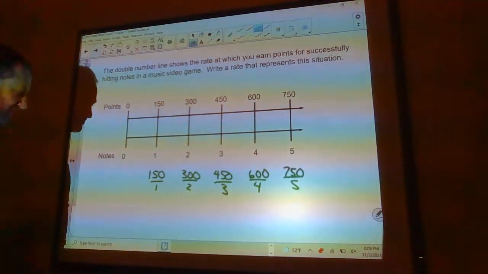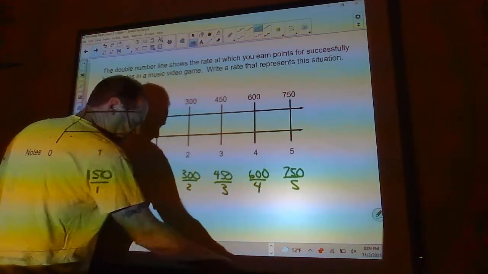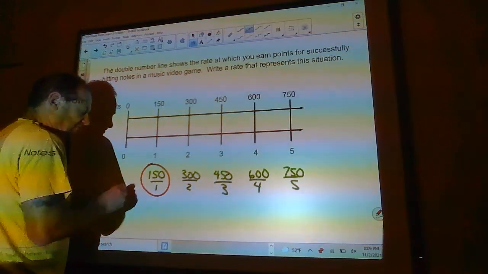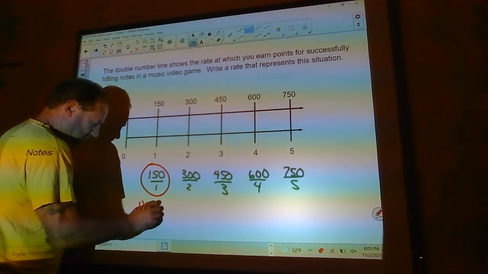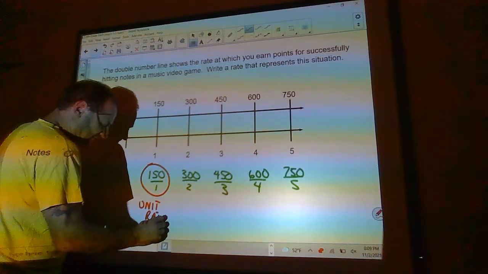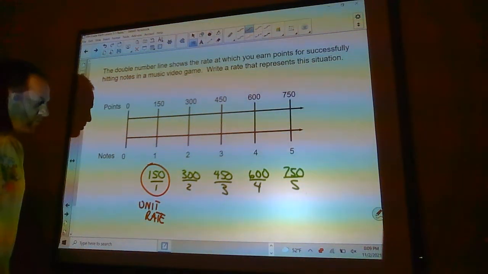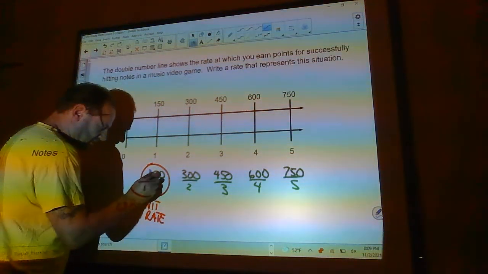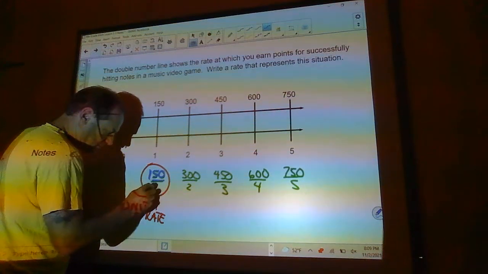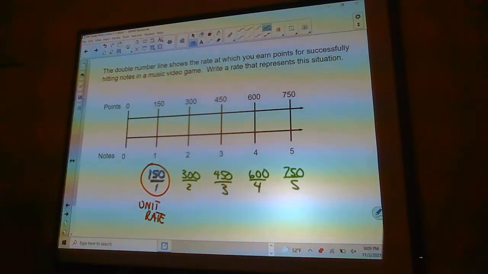All of these are the same thing, and they all reduce down to this one right here that's different. Okay, that's your unit rate. Because that's the one where the denominator is 1. We should make this one a different color because it's kind of its own thing. There we go. Okay.